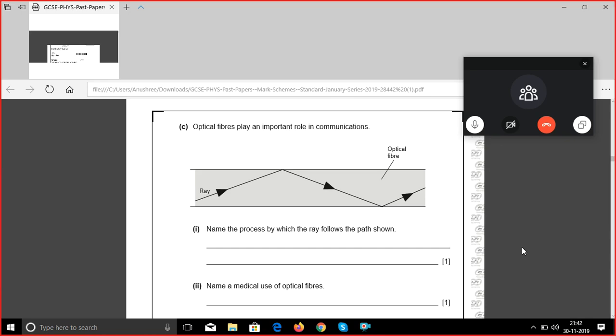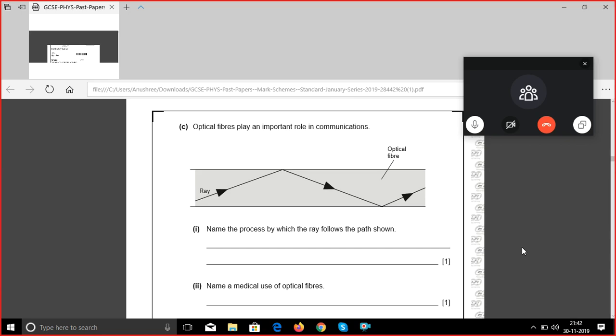If the angle is lesser than the critical angle, then total internal reflection is not possible. Then it's only refraction. But when the angle is increased to or beyond the critical angle, in place of refraction, total internal reflection happens. Instead of refraction, it gets reflected multiple times inside an object. So that's total internal reflection.